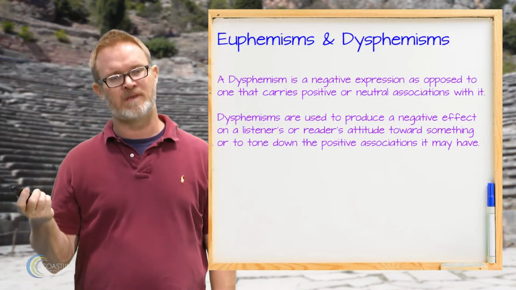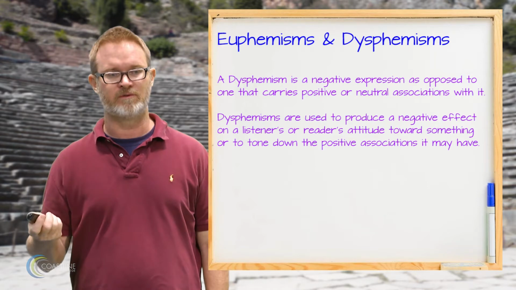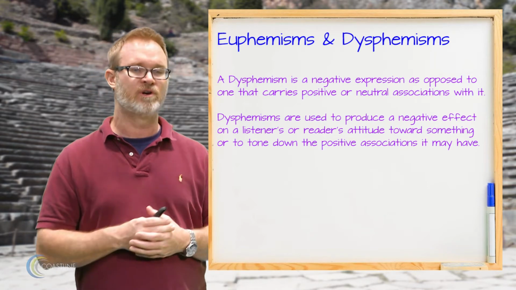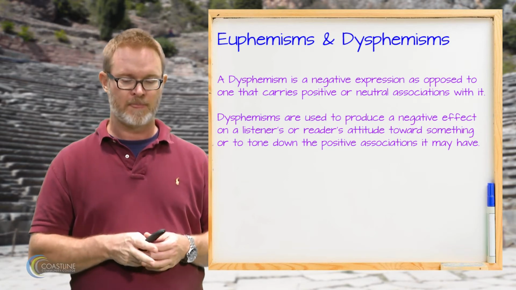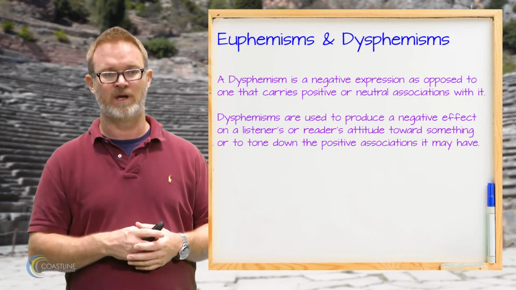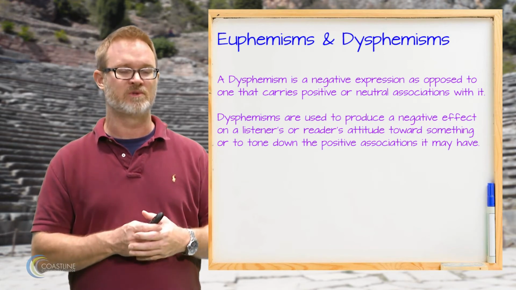Now, a dysphemism is the next rhetorical device we're going to discuss. What a dysphemism does is the reverse of a euphemism. A dysphemism is a negative way to put something as opposed to a positive way. So I have a couple of good examples here.